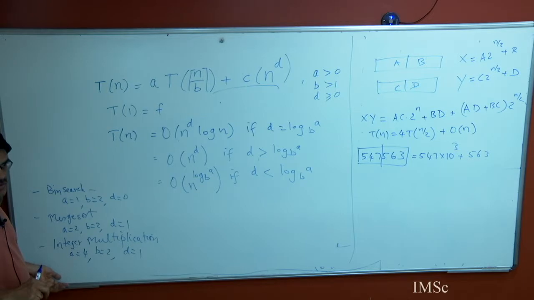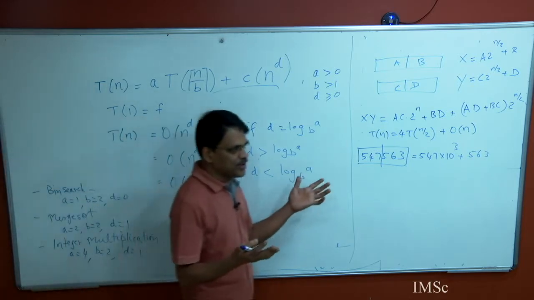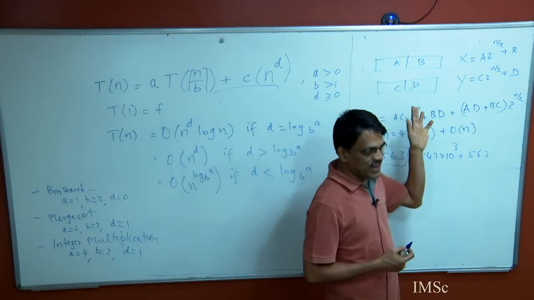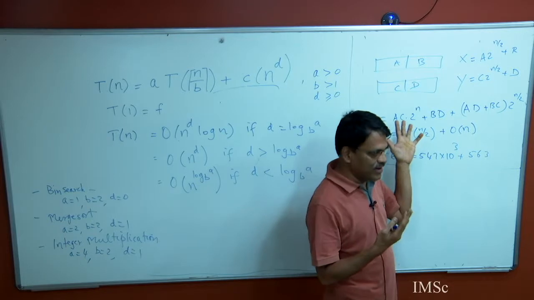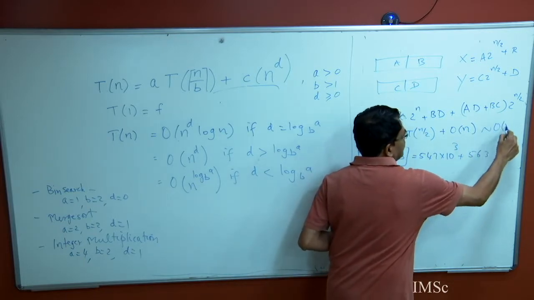And that comes to log a to the base b is 2, and that is dominating n power d, so it's n square. It looks sophisticated, but we didn't improve the algorithm. Because remember our high school algorithm, we said it's n square anyway, so we didn't really do much, and so this gave an n square algorithm.